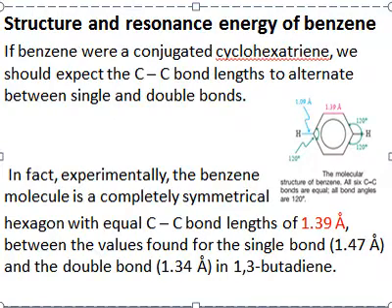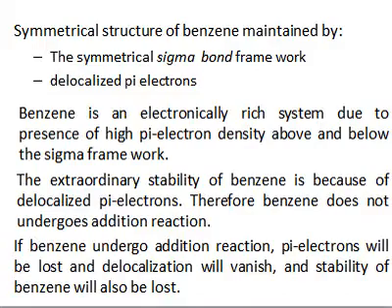This bond length is intermediate between a true single bond and a true double bond. So we say that in the benzene ring, the bonds between carbon and carbon are not true single or true double bonds, but instead all of the bonds are the same and intermediate between single and double bonds. So benzene is a symmetrical system.